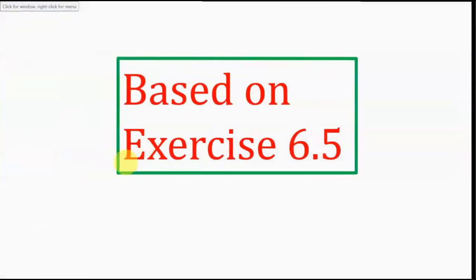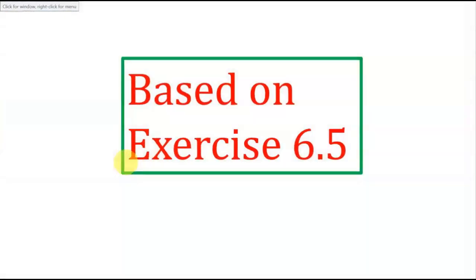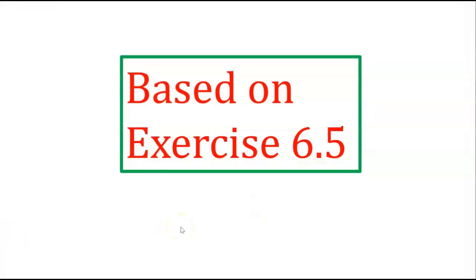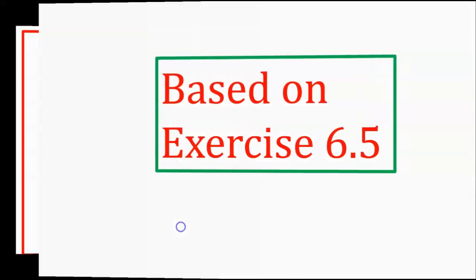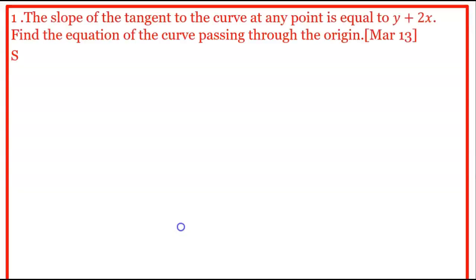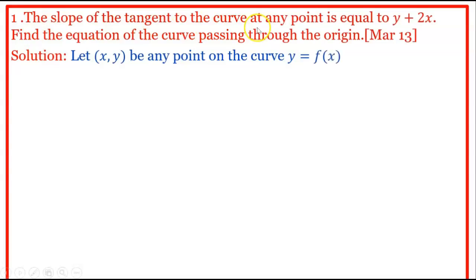Next, we'll see the examples based on exercise 6.5. Now, let us start. First example: the slope of the tangent to the curve at any point is equal to y plus 2x.